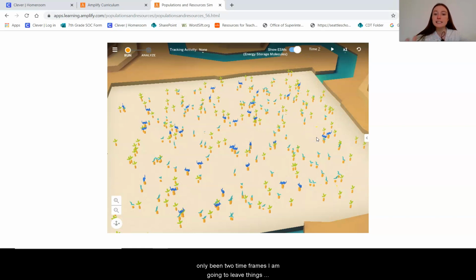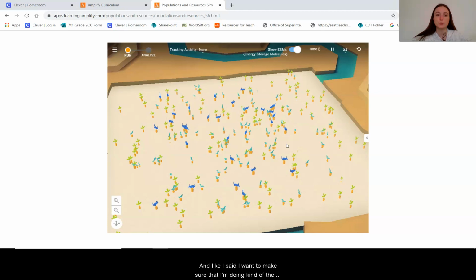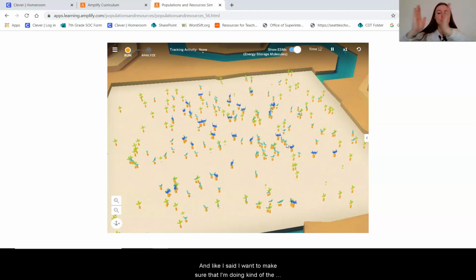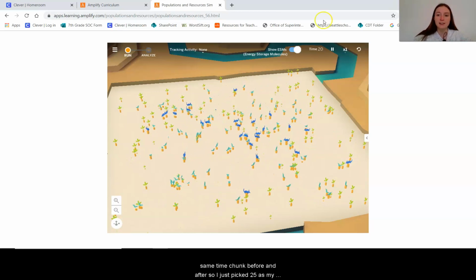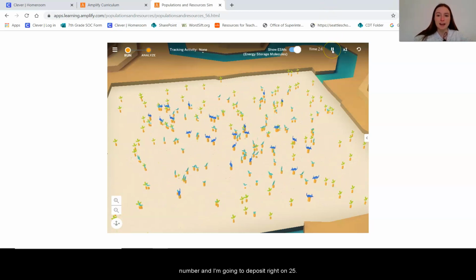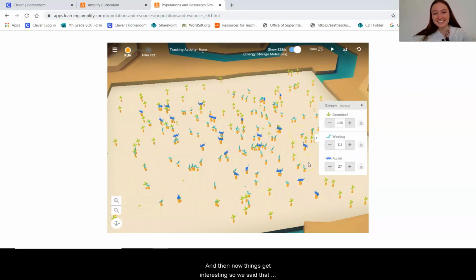I am going to leave things alone so that we can get a baseline understanding of how the ecosystem works. And like I said, I want to make sure that I'm doing the same time chunk before and after. So I just picked 25 as my number, and I'm going to pause it right on 25. And then now things get interesting.